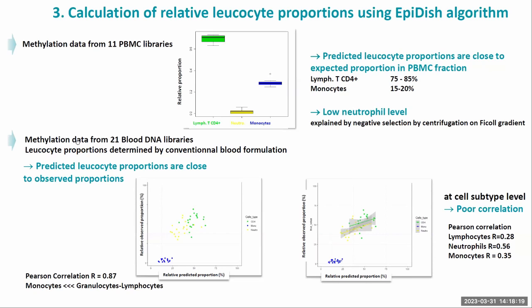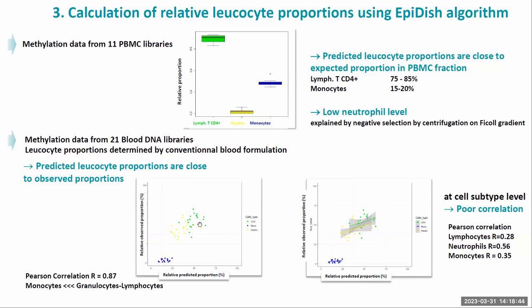Using methylation data from blood libraries, we can compare the leukocyte proportions determined by the conventional blood formulation in this axis, and the relative predicted proportions in this axis. And as you can see, the Pearson correlation is very good.